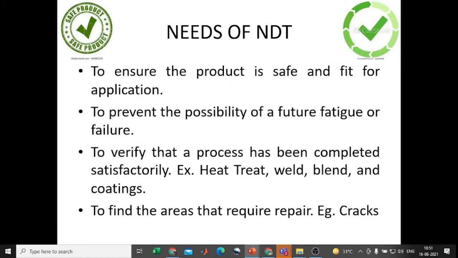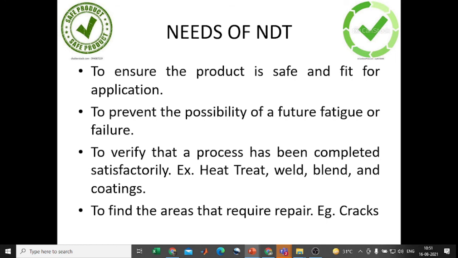Why do we need it? Yes, now you are aware of destructive testing and non-destructive testing. In that, I want to ask you why we need NDT. The main importance and need of non-destructive testing in engineering industries is to ensure the product is safe and fit for application, and to prevent the possibility of future fatigue or failure of material.